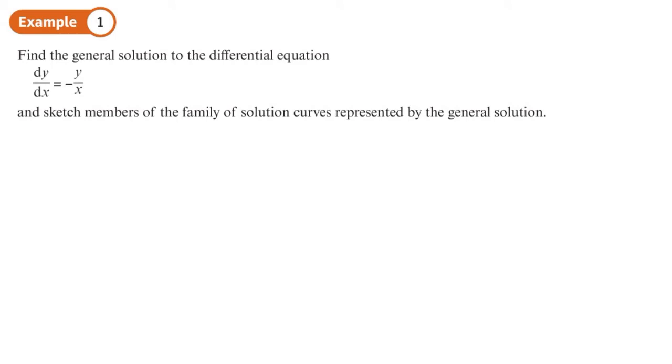Okay, so here it says find a general solution to this differential equation. Sketch the members of the family of solution curves represented by the general solution. So the general solution means that this is a solution that contains plus c at the end.